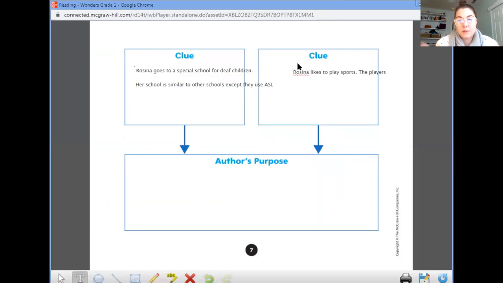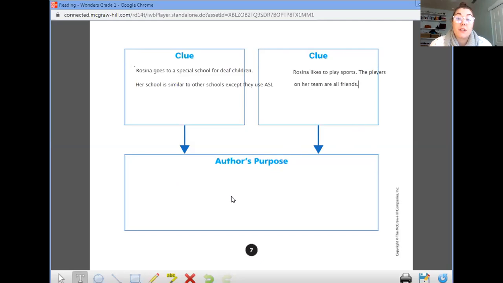The players on her team are all friends. Okay, so just do the best you can with getting into the box. It's okay if it spills over on the side, that's totally fine. But try and limit it so it doesn't get into the author's purpose.